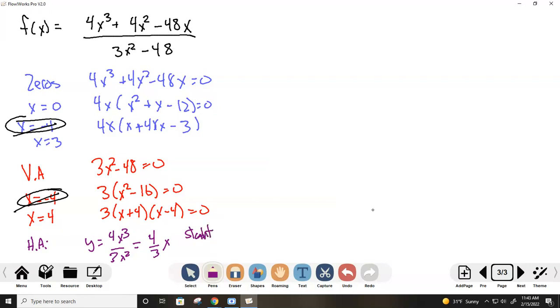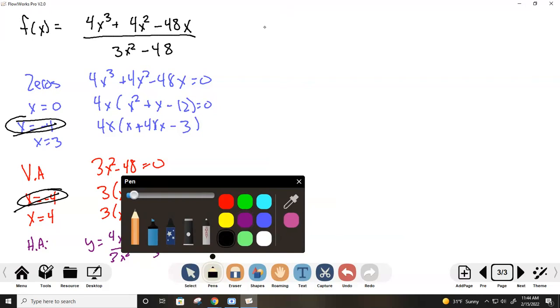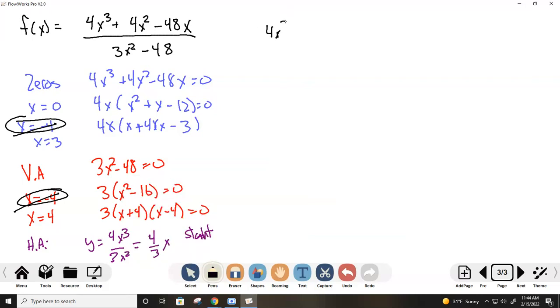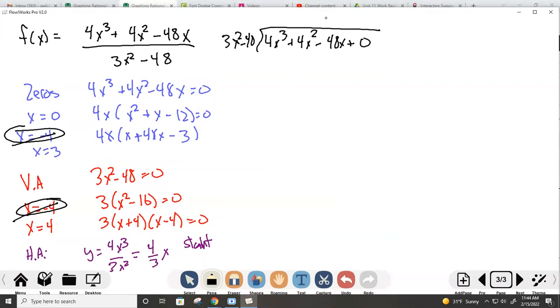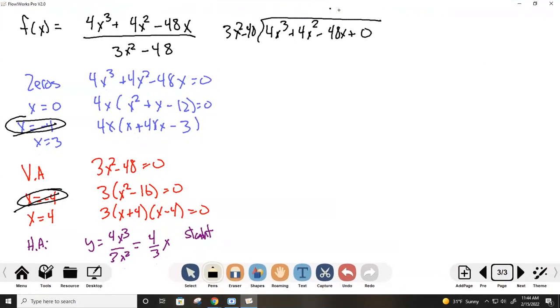Now, if I want to get this a little bit more exact, I'll do the long division. 4x cubed plus 4x squared minus 48x plus 0 divided by 3x squared minus 48. So that's going to be 4/3 x. Let me give myself a little more room to work here.